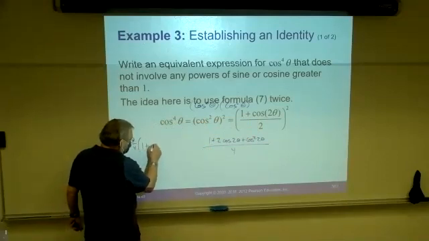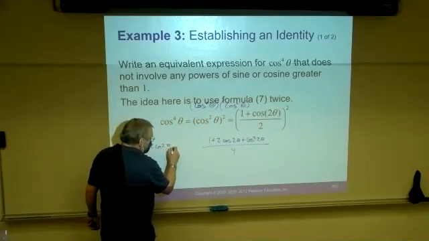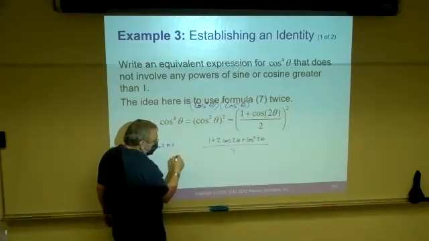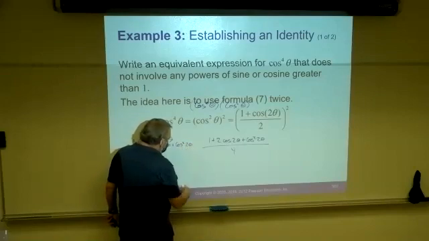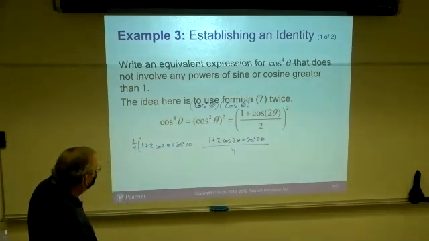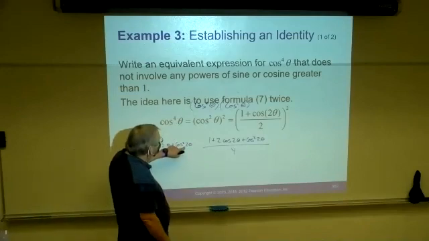So that's going to be 1 plus 2 cosine 2 theta plus cosine squared 2 theta. Well, now we're going to rewrite cosine squared of 2 theta.